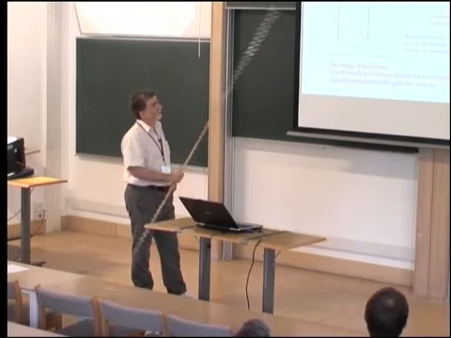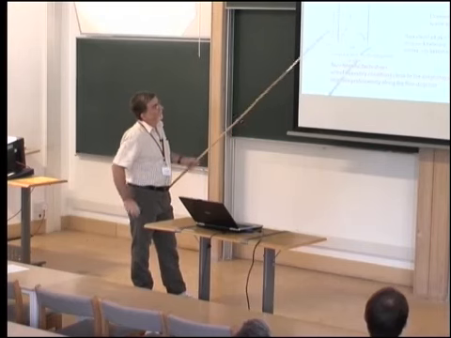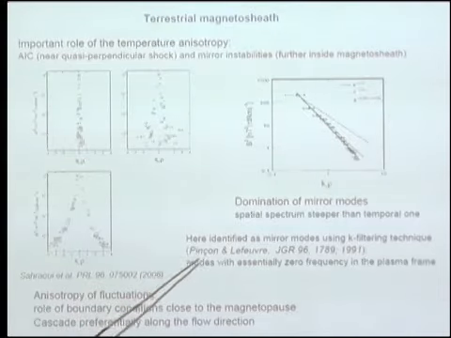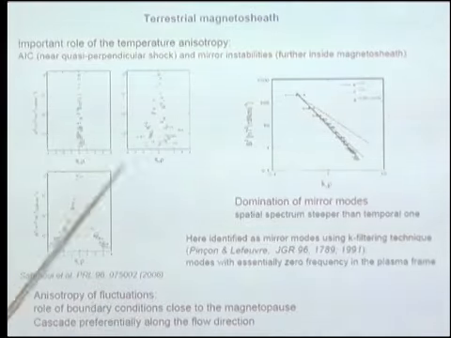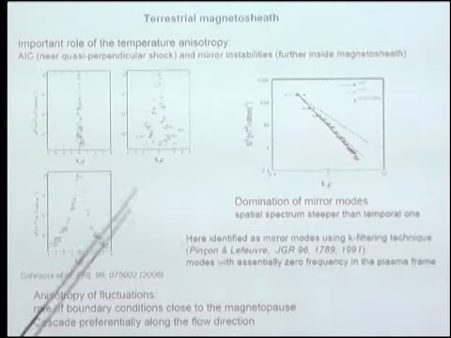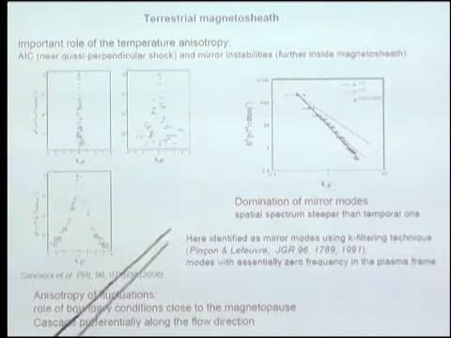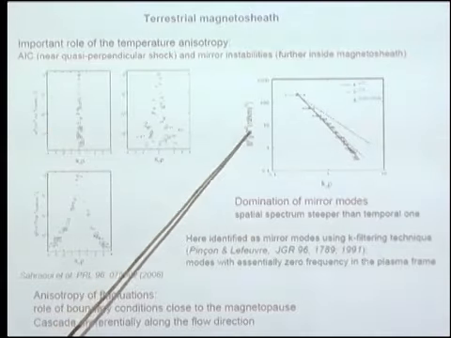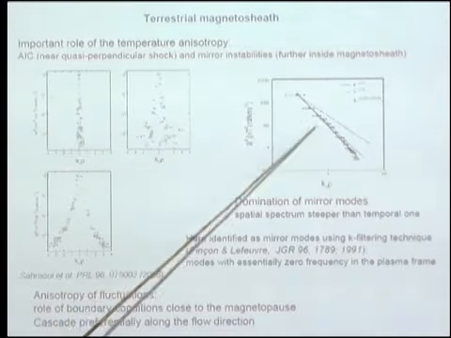And this has been actually shown by doing also a k-filtering analysis in this magnetosheath fluctuation, and shown that actually the power spectrum of magnetic field intensity obeys a power law.